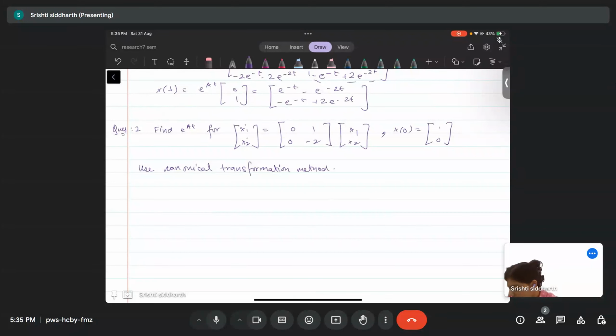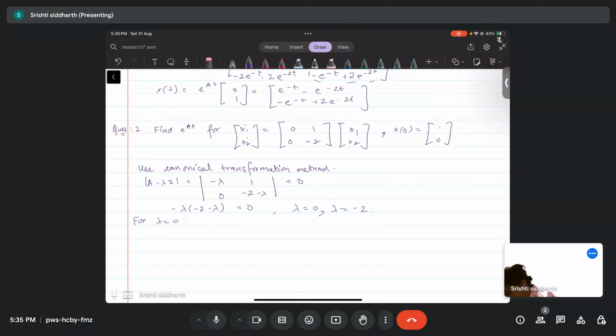Okay, so this is a simple second order system, so let's calculate the characteristic equation and equate it to 0. Alright, so this is minus lambda, minus 2 minus lambda, 1, 0. So the eigenvalues are lambda equals 0 and lambda equals minus 2. Let's find the eigenvector for lambda equals 0.